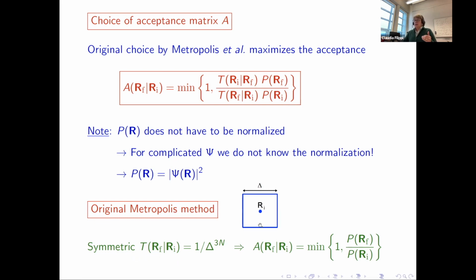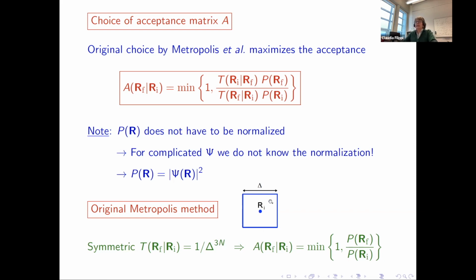Suppose I'm in the initial position R_i, and I move by sampling, let's say, a random number in a uniform box around R_i. The transition probability will be 1 divided by the volume of the box, which is delta to the 3N.